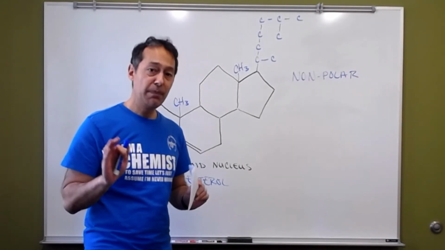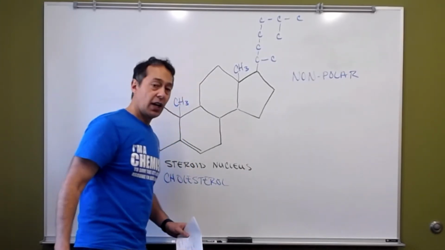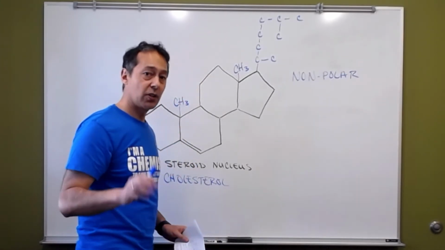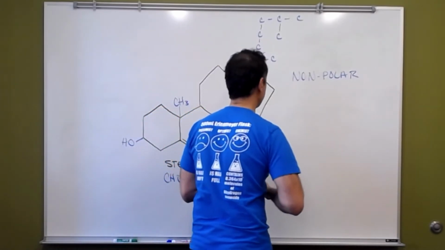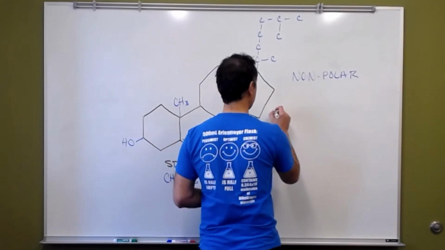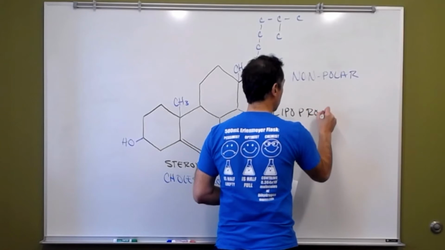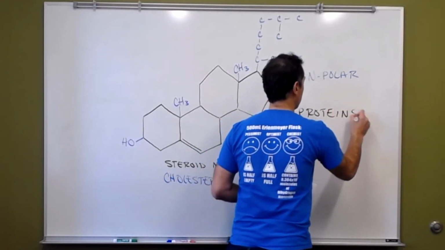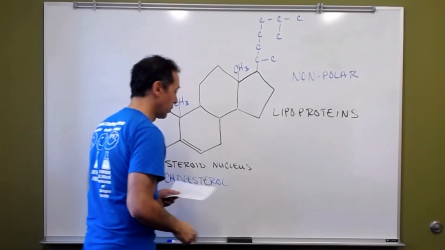So the way that we make it soluble in blood is we attach the cholesterol onto some proteins, and these are called lipoproteins. And there's two basic types of lipoproteins.